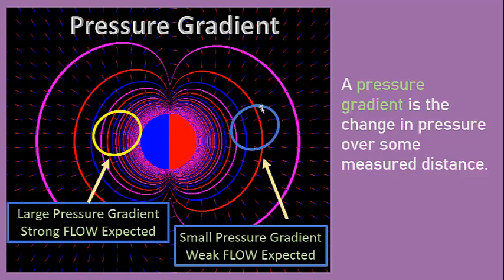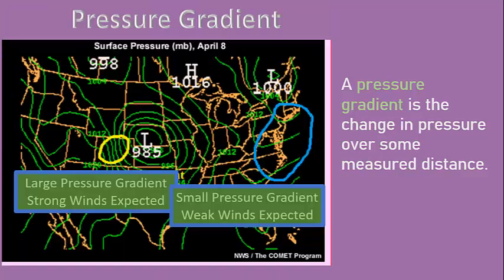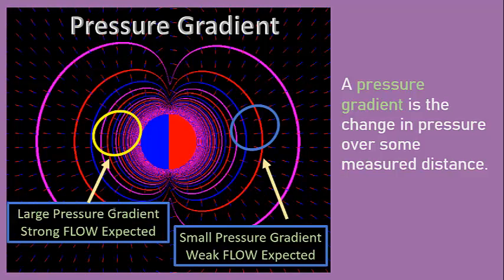And over here, you see the lines are fairly far apart, so this would be considered a small pressure gradient. In this region, you would expect weak flow. So weak flow is expected in a small pressure gradient. This is nicely analogous to the pressure gradient of a weather pattern system. This analogy is very nice. It's very beautiful, and it's actually easier to explain to people than other ways of explaining magnetism. That is the point I'm trying to make in this video.